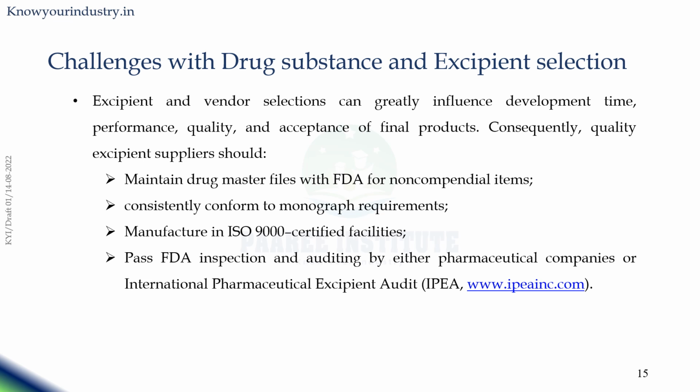Challenges with the drug substance and excipient selection. Generally, excipients and vendor selections can greatly influence development time, performance, quality, and acceptance of final products. Consequently, quality excipient suppliers should maintain a DMF, which is nothing but a drug master file, with FDA for non-compendial items, consistently conform to monograph requirements, and manufacture in an ISO 9000 certified facility.